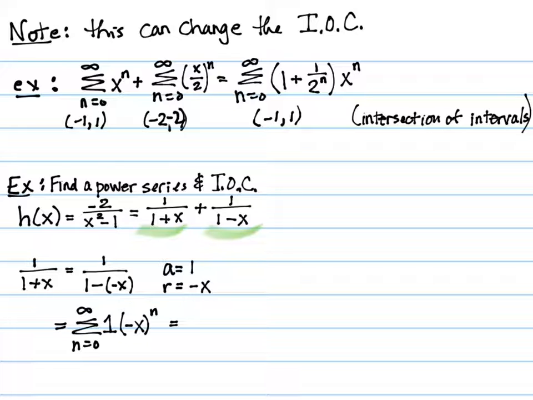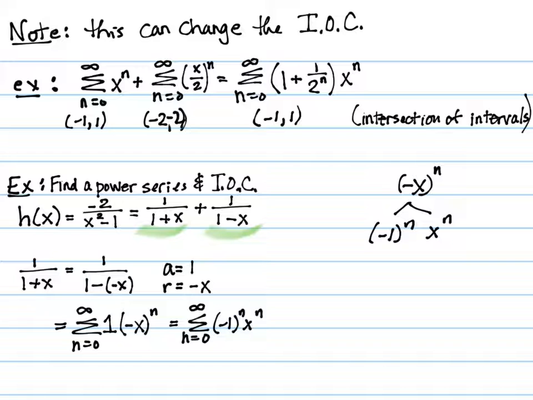And so just as a reminder, when I have negative x to the n, what this really is is negative 1 to the n and x to the n, right? So we can separate it out in that fashion, and then what kind of a series do we have? Yeah, it's alternating. So this is a summation from n equals 0 to infinity of negative 1 to the n, x to the n. So we'll come back to the alternating series component of that in a moment.